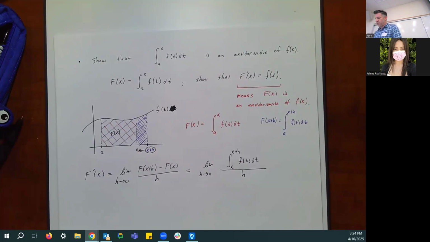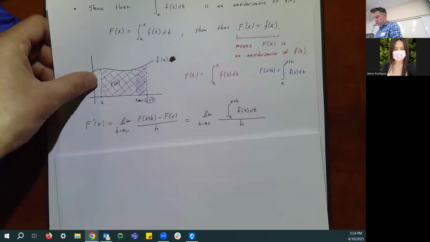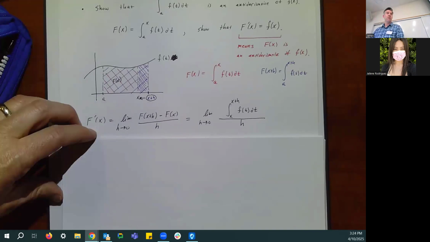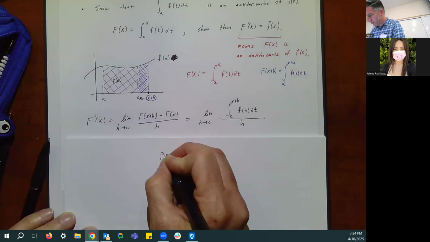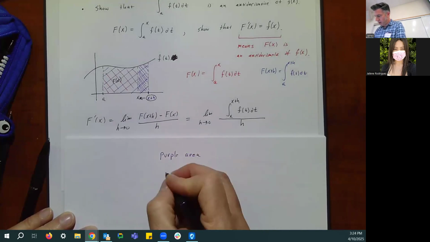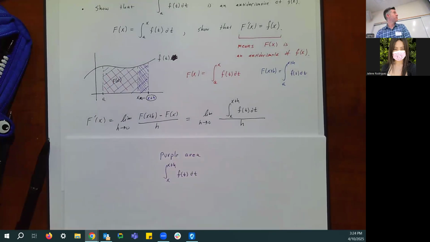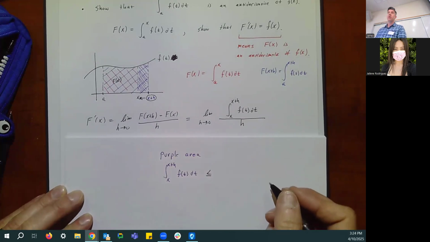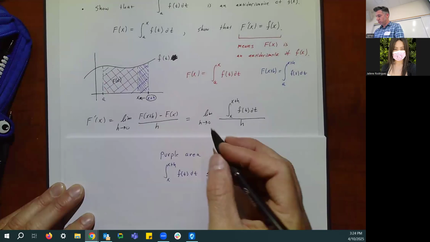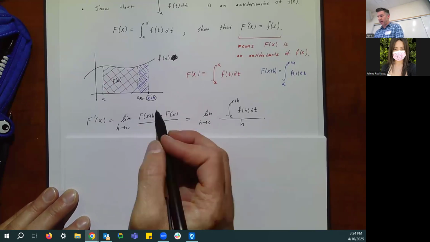Okay, we're going to do some side work over here. Here's what I want to show you. The purple area, aka the integral from x to x plus h of f of t dt, you could definitely say that it's less than or equal to the area of the rectangle whose base is h and whose height is whatever the maximum value of the function is on that tiny little interval.